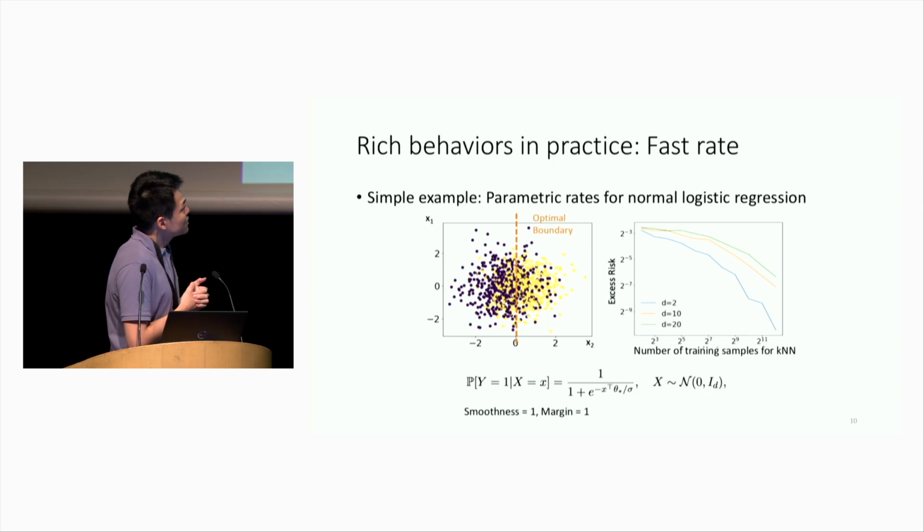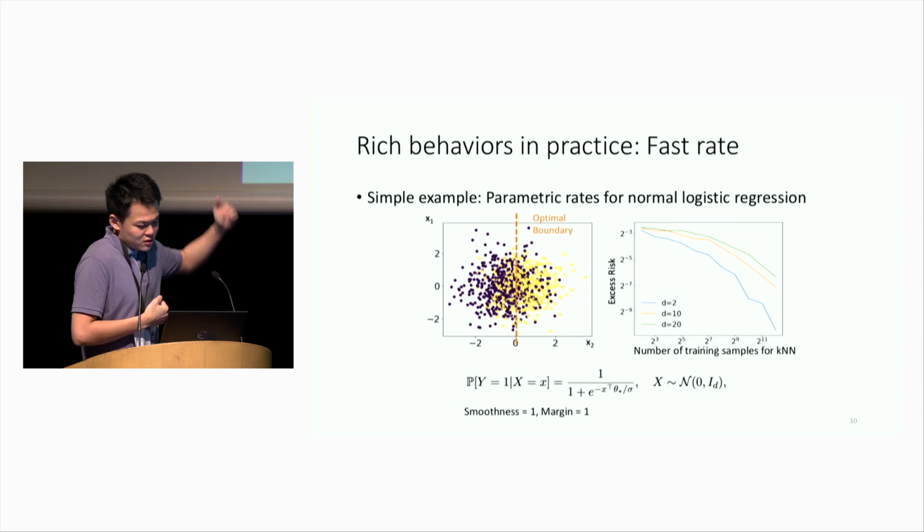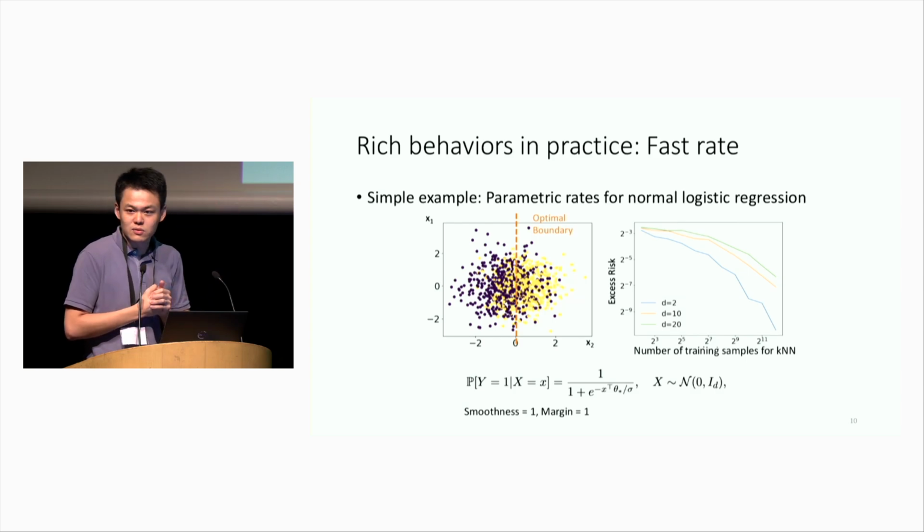And here, we can see that as expected, if we train a nearest neighbor classifier, the slope in the log-log plot is the same. So even though I increase the data dimension, the exponent in n does not change. So we are always benefiting from the parametric rate.